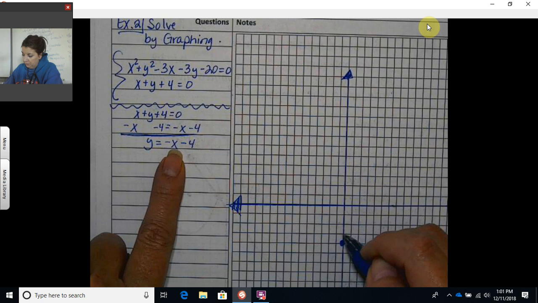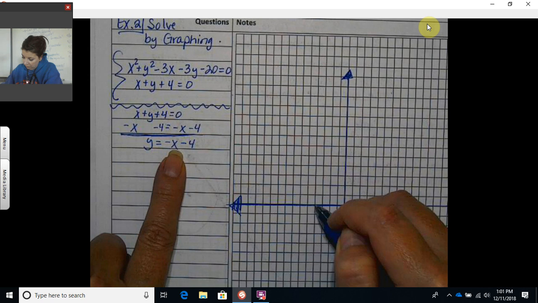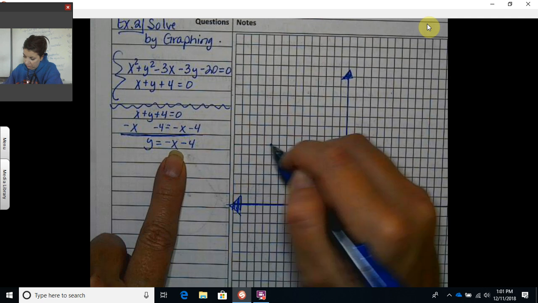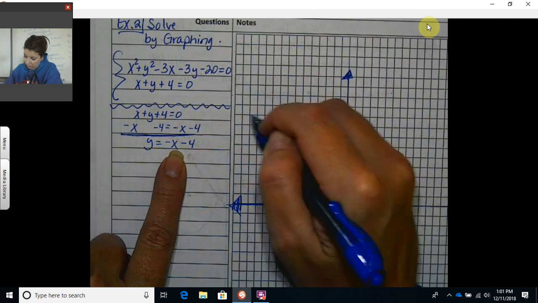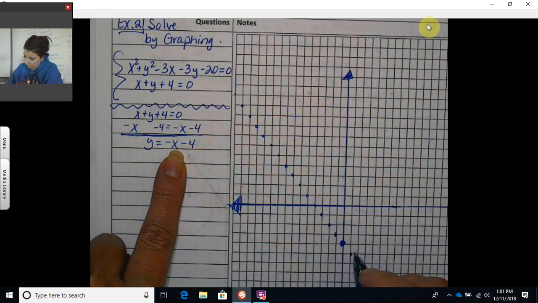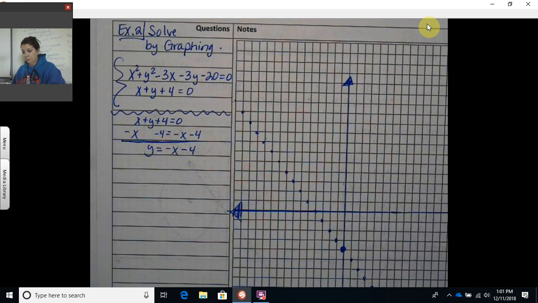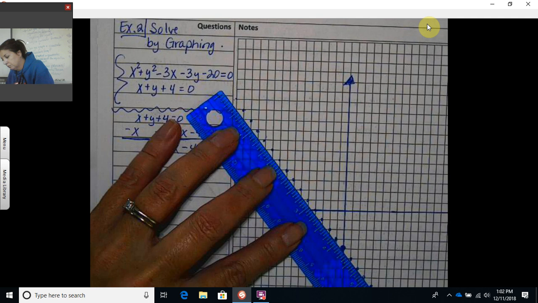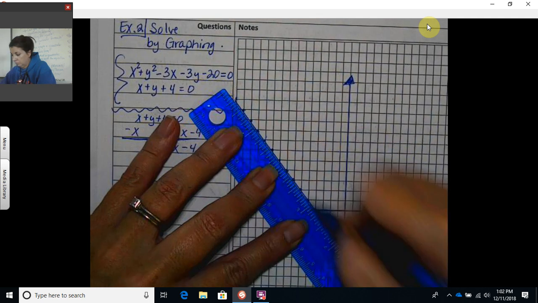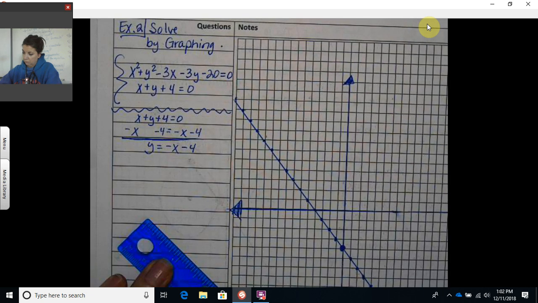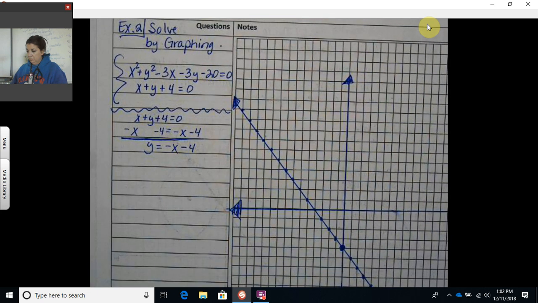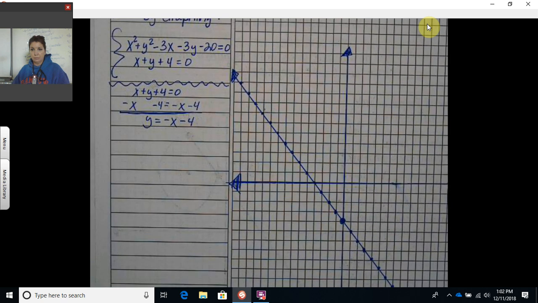Or I can go down 1 and to the right. Everybody cool with that?